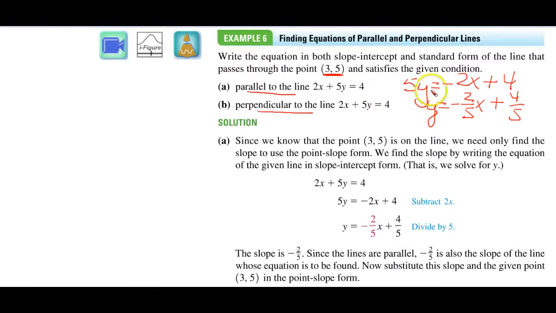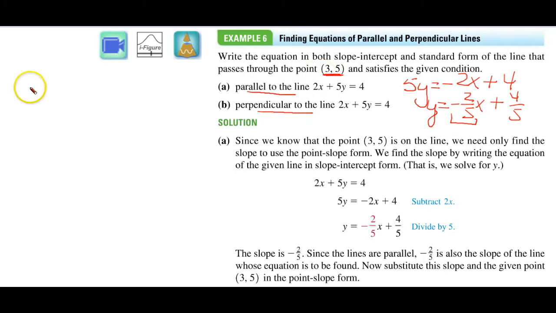Well, our slope then is -2/5. So if we want a line that is parallel to this, it's going to be a line that has this slope, but has this as a point.